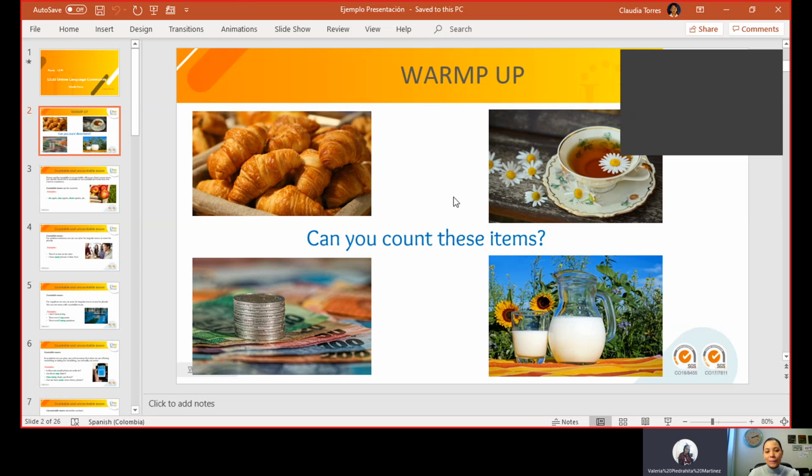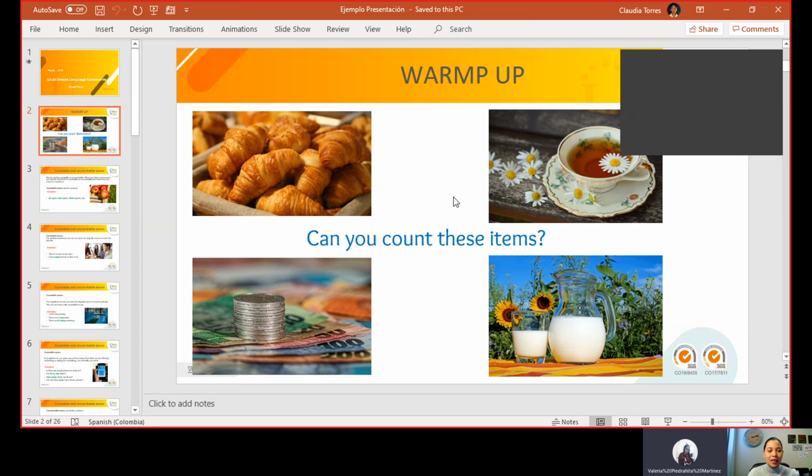What do you think? Is money countable or uncountable? I think it is uncountable. Yeah, that's right, because you have to quantify to say how much money, right?